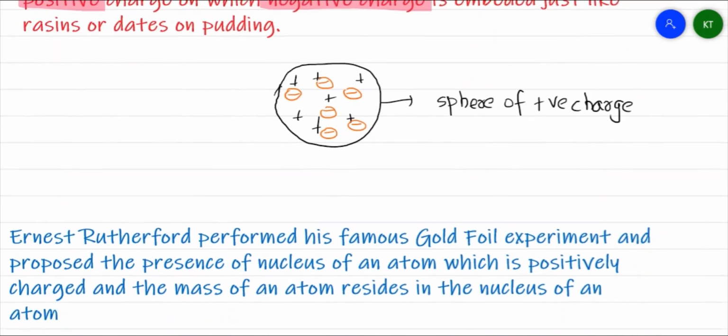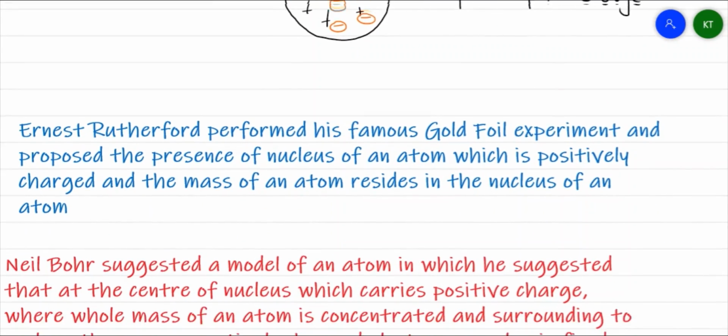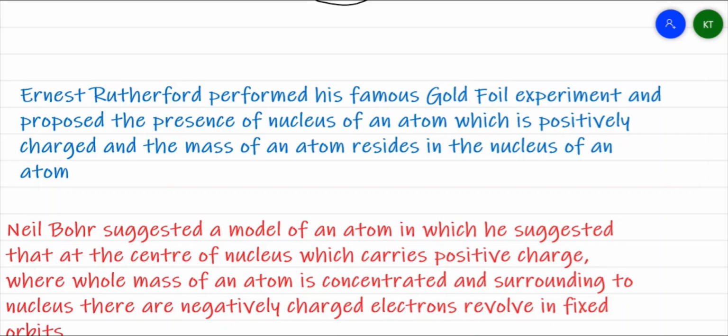Now, moving further, this plum pudding model doesn't support many of the experimental evidences or proofs. So we had Ernest Rutherford. He came up with his famous gold foil experiment where he bombarded fast-moving alpha particles on gold foil and came to the conclusion that most of the space of an atom is empty.